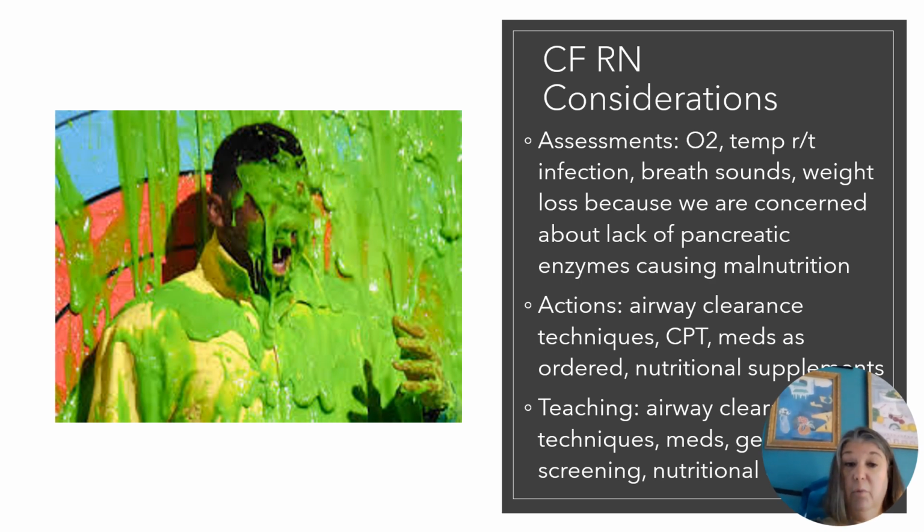Temperature, because we're worried about infection. Respiratory rate, because these people are possibly working to breathe. What do their breath sounds like? If we have crackles, do we have fluid in the alveoli? Are they wheezing? Do we have narrowing of airways? Weight loss, because they're choosing breathing over eating.